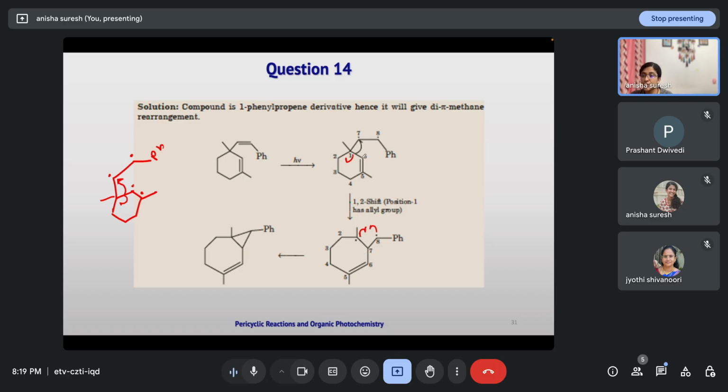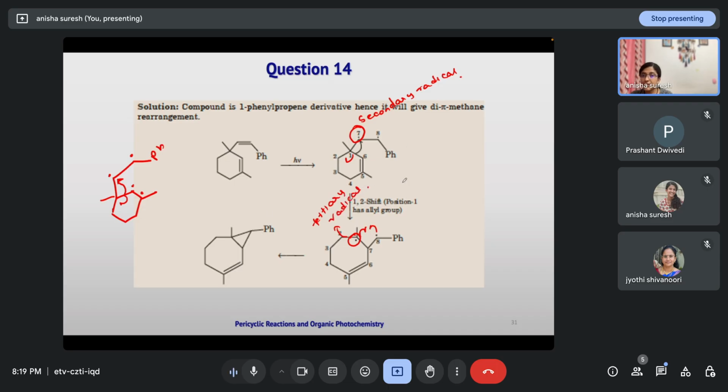Clear why this 1,2 shift is taking place? So this is a secondary radical. After shifting, the radical that is formed here is a tertiary radical.